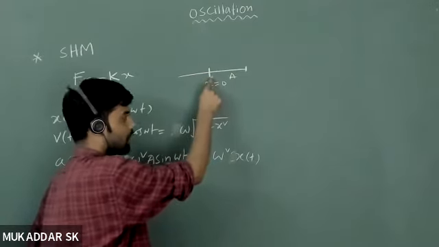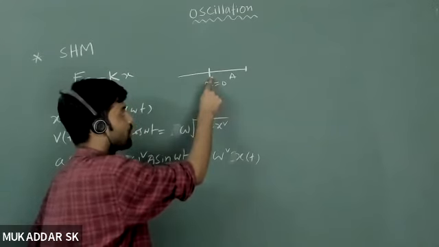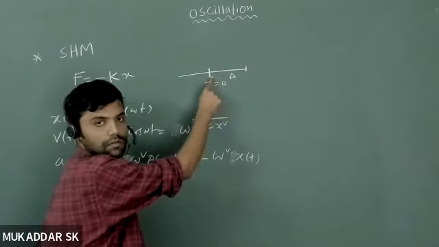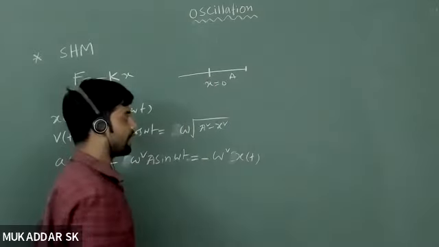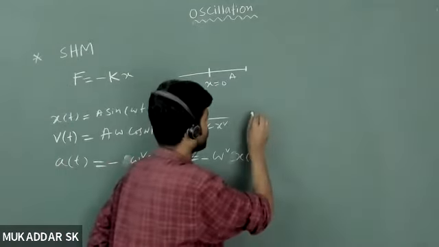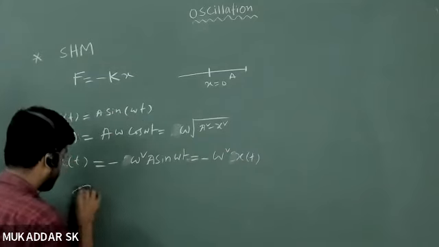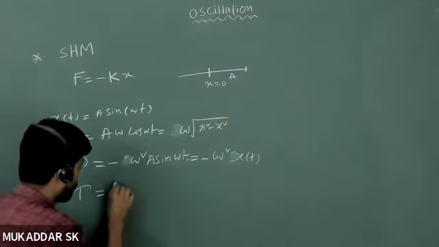This is one complete oscillation. The time required for one complete oscillation is known as the time period, and that is defined by capital T. So T is the time period.